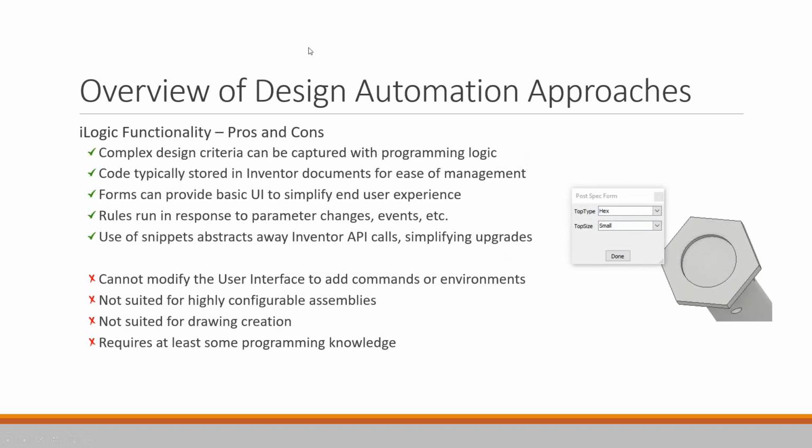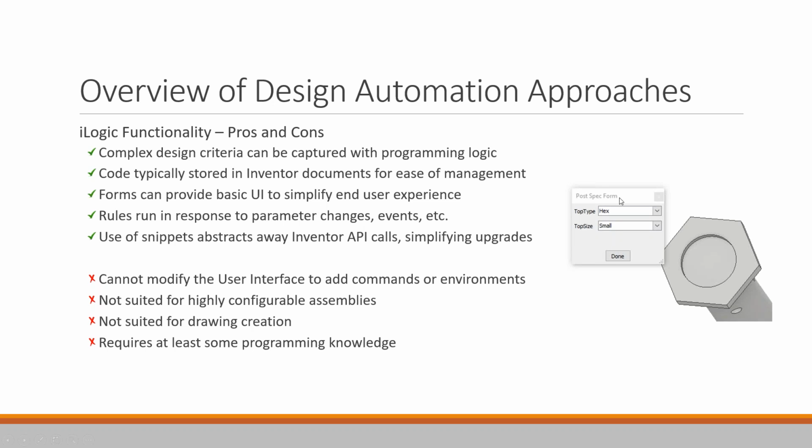You can capture complex design criteria. The code is typically stored inside the documents themselves, which is great from a distribution standpoint or a management standpoint. The code goes with the file, so the behavior is always there. You don't have external files to manage necessarily, although you can store rules externally if it makes sense.